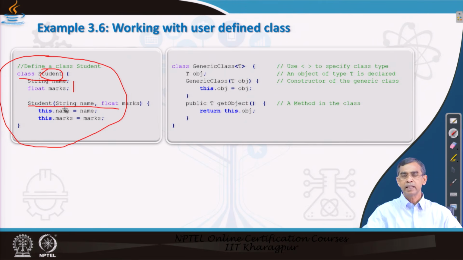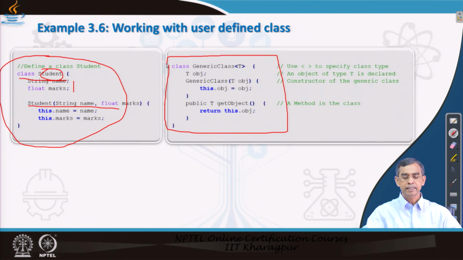So, this is a user defined data type student, and this is the similar concept for declaring a class as a generic class. Generic class T is the template, that means it can hold any type, integer, double, string as in the earlier case. At the same time we want to show that this also works for this type of data, that means this template T can also hold student.